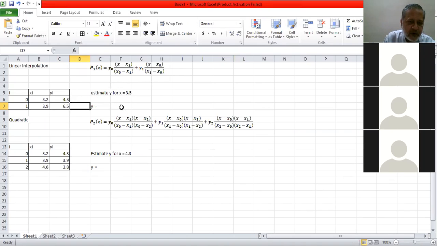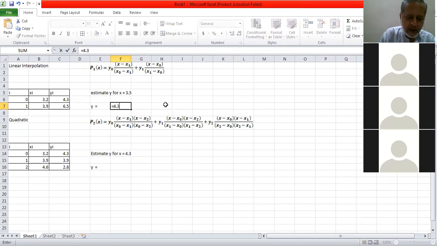So in order to use this formula, what I want to do, y naught, and y naught is 4.3. So I start considering 4.3, which should be multiplied to what? X minus x1. So x is 3.5, x1 is 3.9.